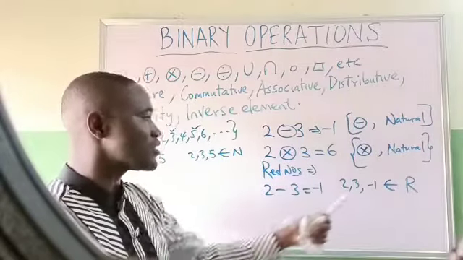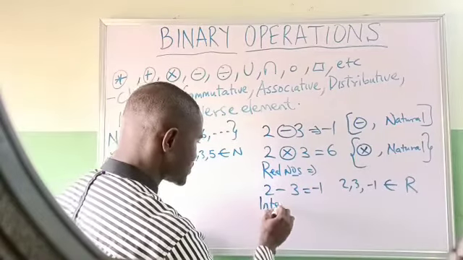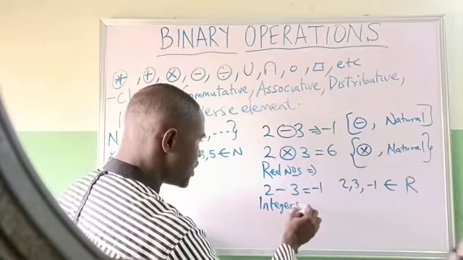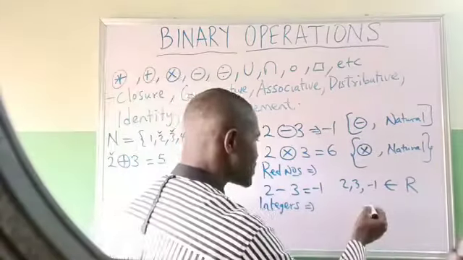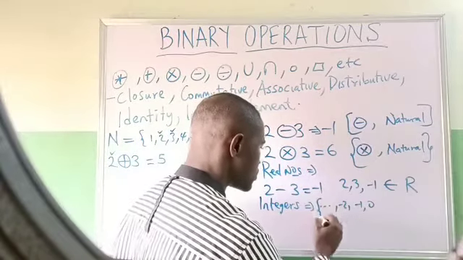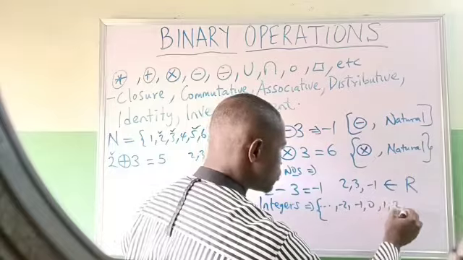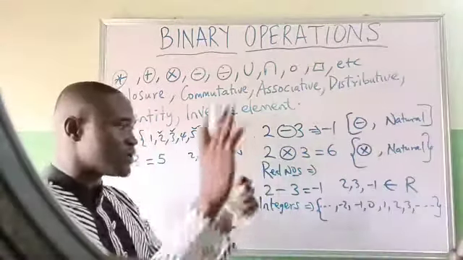But when you talk about real numbers, or even integers, integers mean all whole numbers, whether negative or positive. That is 0, minus 1, minus 2, and so on, then 1, 2, 3, and so on. All the whole numbers, whether positive or negative.